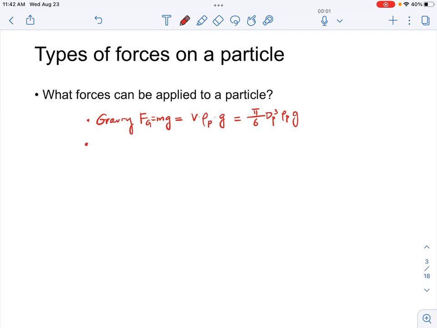Similarly, particles can settle down due to gravity, but they can also rise up, right? That's because of buoyancy, right? So Fb is going to have the same equation compared to the gravitational force, except that here the density term should be the fluid density.